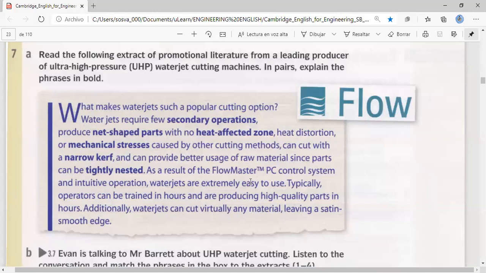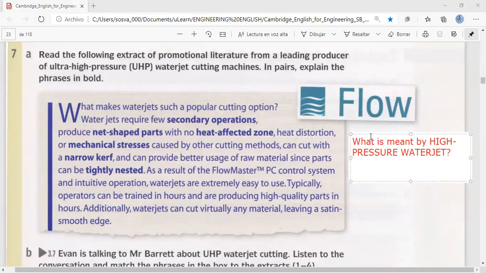Before we start, I want to know, what do you know about a high pressure water jet? Well, it's an abrasive process for metal or similar materials, like iron, through pressure water.